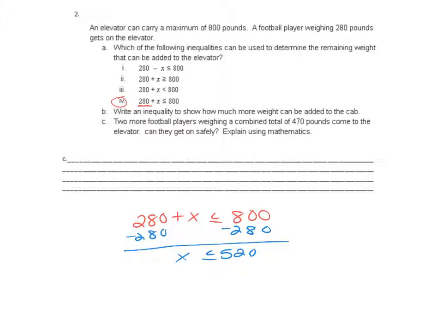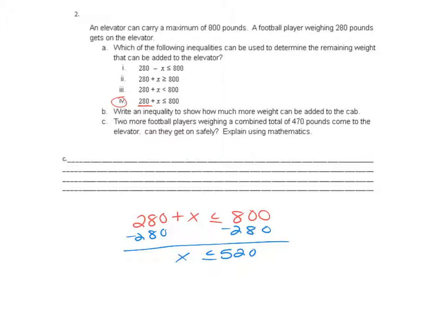So 2 more football players weighing a combined total of 470 pounds come to the elevator. Can they get on safely? Yeah. What's their total weight? Yes, 470. That's given to us, but what's the total weight of all 3 on the elevator now?